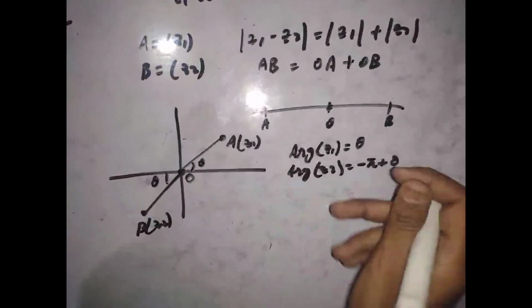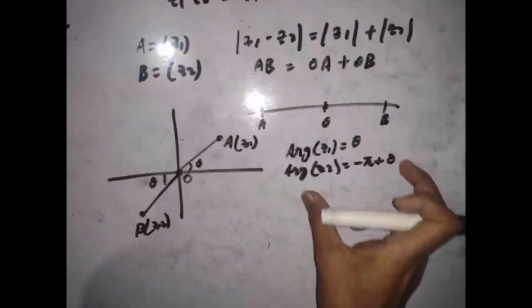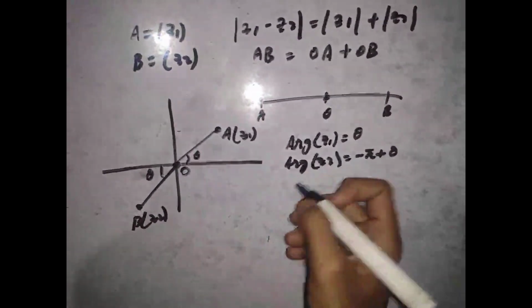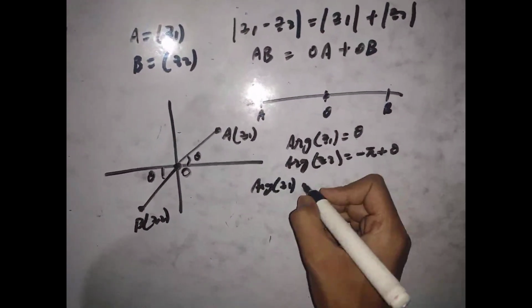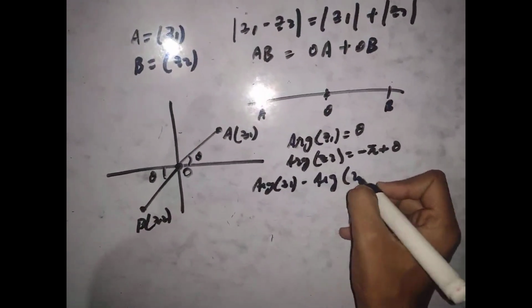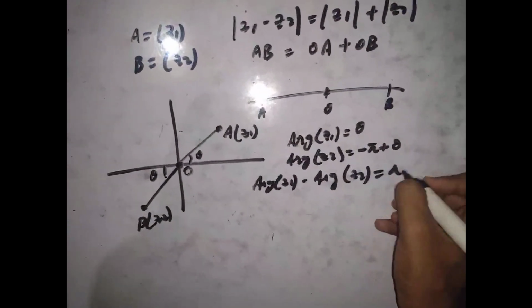Okay, now what we can do is subtract these two arguments. Let's see what we get. So argument of z1 minus argument of z2 equals pi.